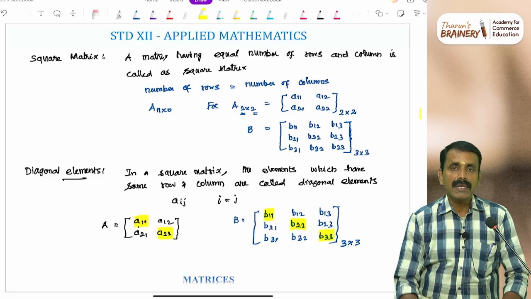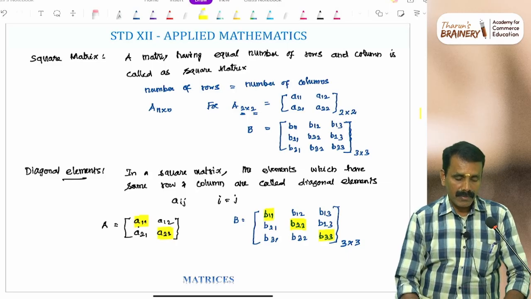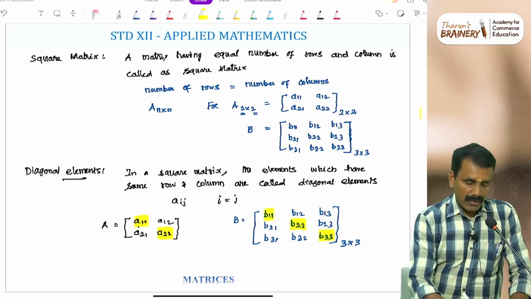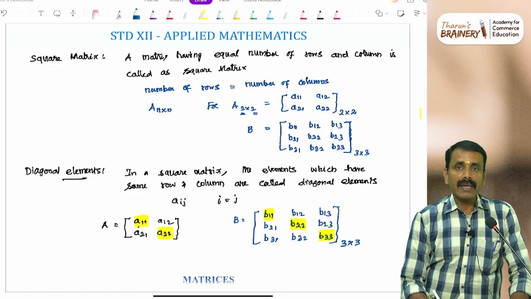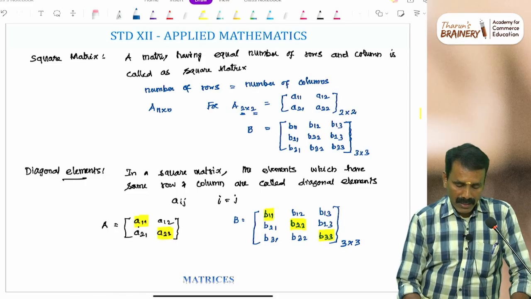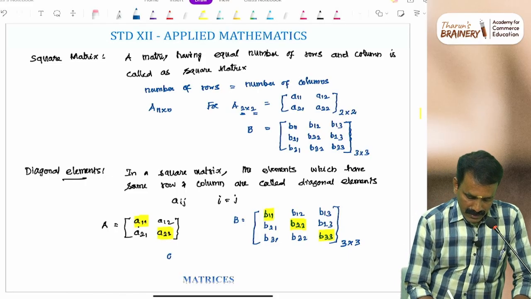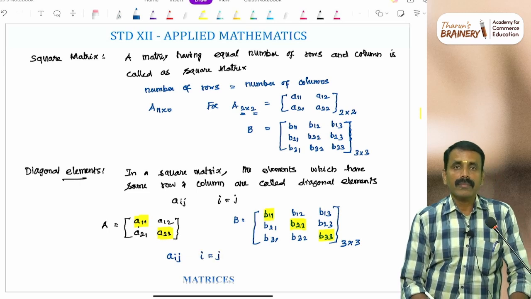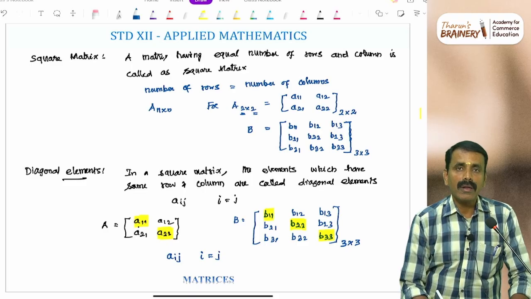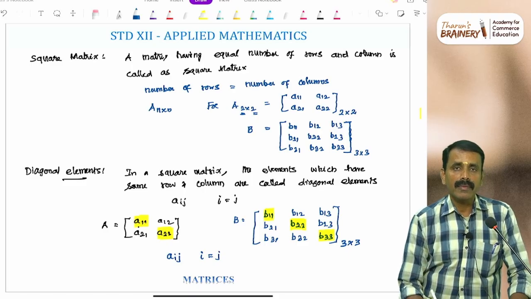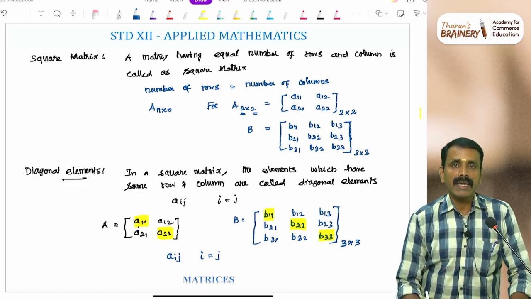So, main diagonal elements are the elements A i j, where i and j are equal. The row number and column number must be the same. Then the elements are called diagonal elements.